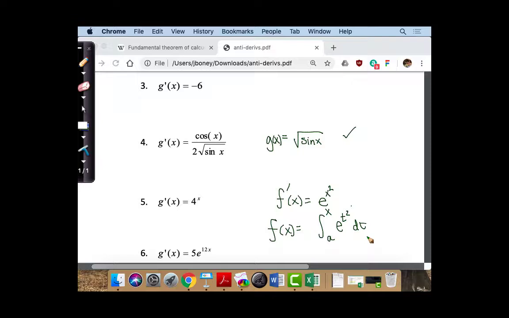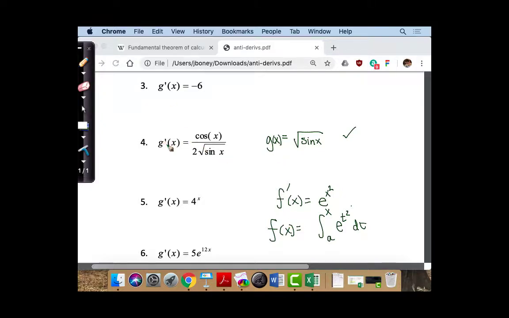But something like this, even though I can't evaluate this myself right now, I can get it for numerical values of x here. So if I wanted to know a net change between two values, I can use technology to find that amount as long as I know that this is the expression that tells me how function f accumulates.